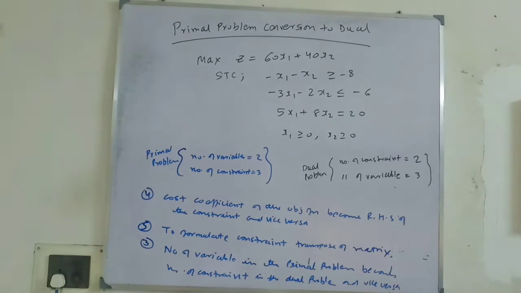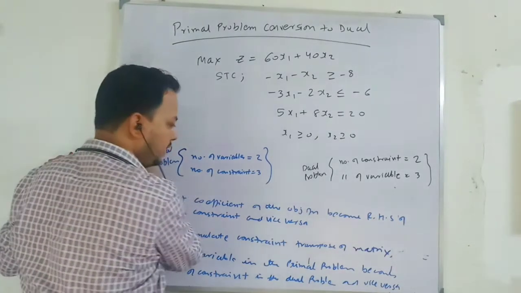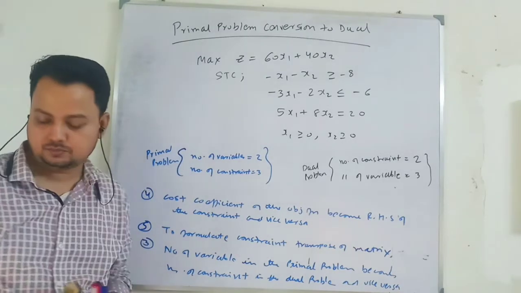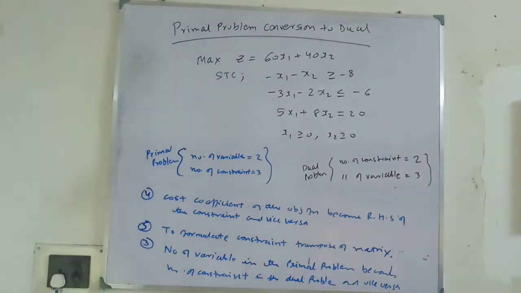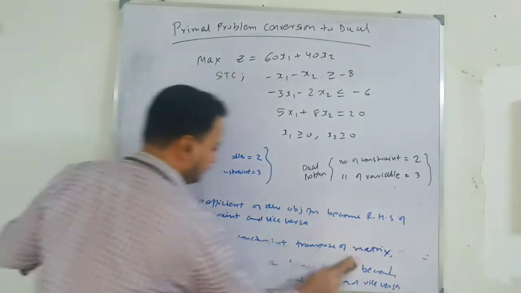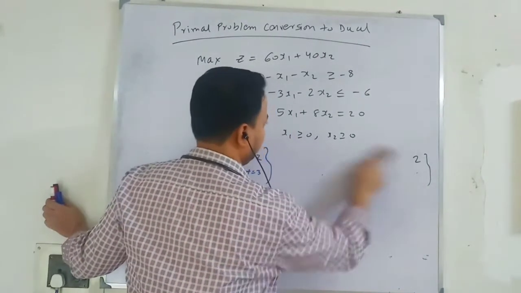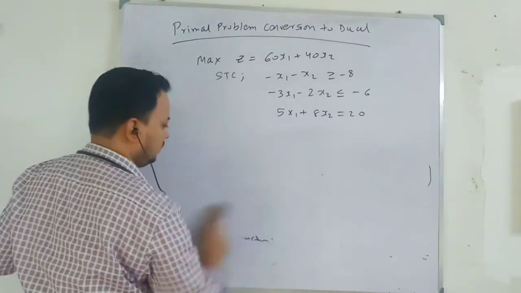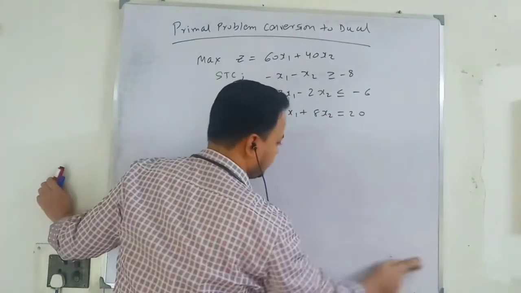Okay, so let's do this problem. I will write on the board, x1, x2 greater than or equal to 0, keeping some space.